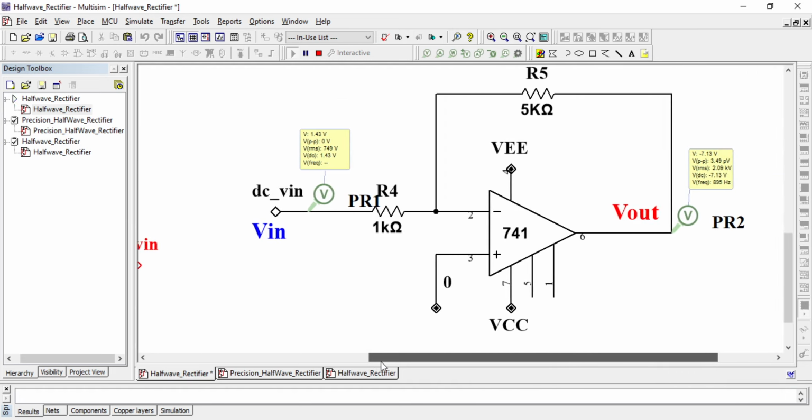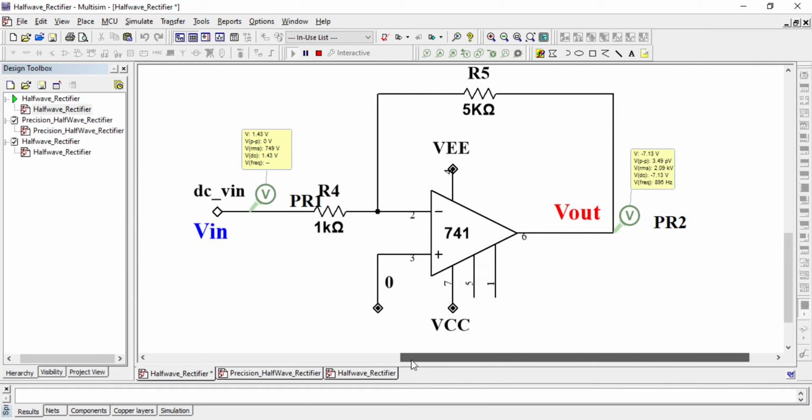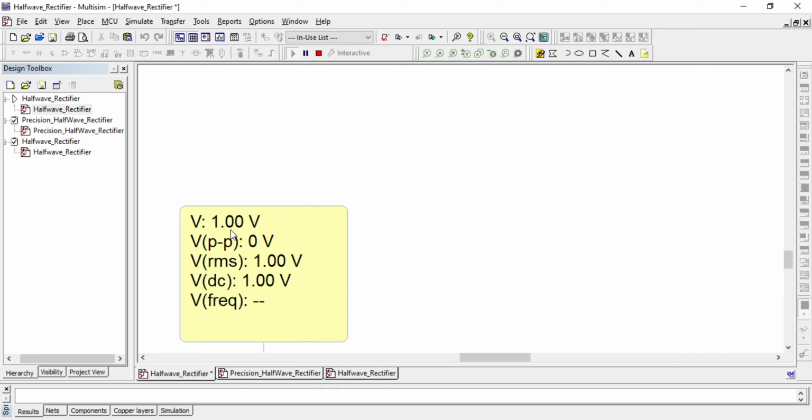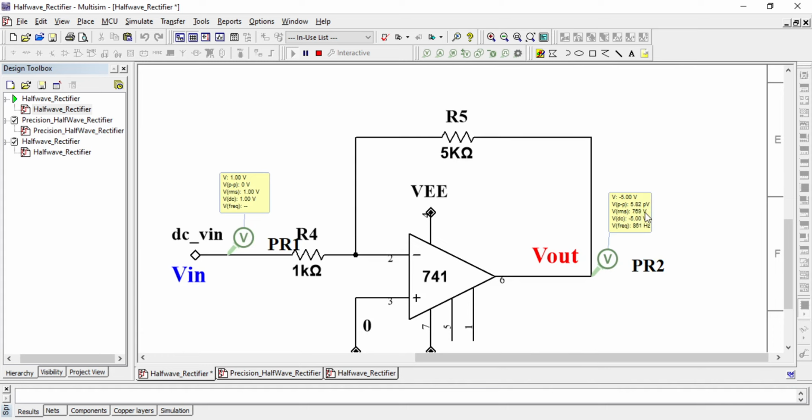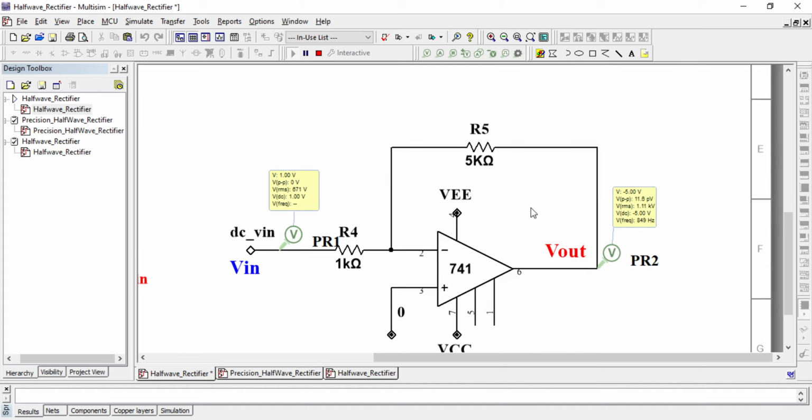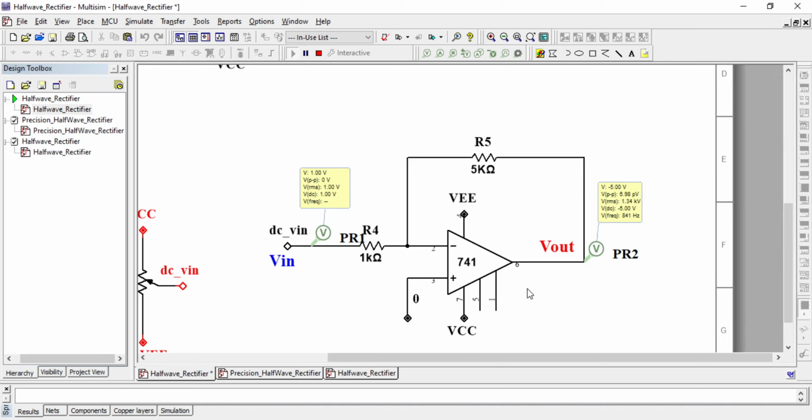To change the voltage I can use key A. If I apply 1 volt, you can see in the input I am right now applying precise 1 volt, and I am getting 5 volt at the output. Okay, but this is inverting amplifier's behavior.